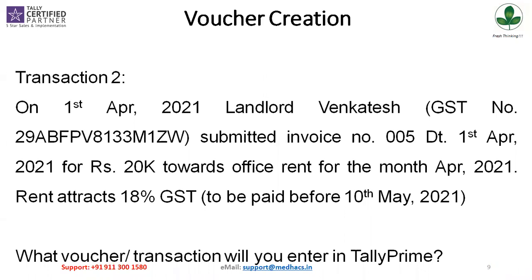So please read the business scenario and understand what transaction is applicable. I'm reading once more for your benefit. On 1st of April 2021, Landlord Venkatesh submitted invoice number 005 dated 1st of April 2021 for rupees 20,000 towards office rent for the month of April 2021.